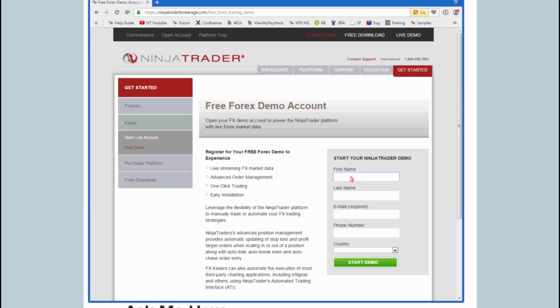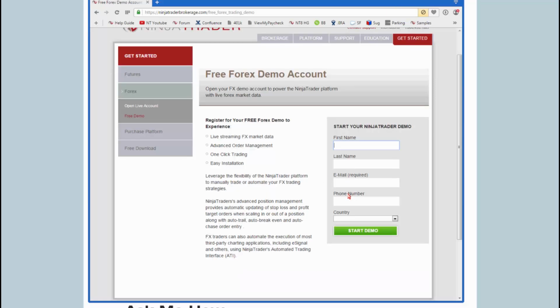You'll get a couple emails. You'll get one right from Ninja, just an introduction. A second email should arrive within a minute or two, and that'll have your license key. You need it to complete the installation of NinjaTrader, and it'll also have your logins, a username and password that you need to complete the data connection for Forex.